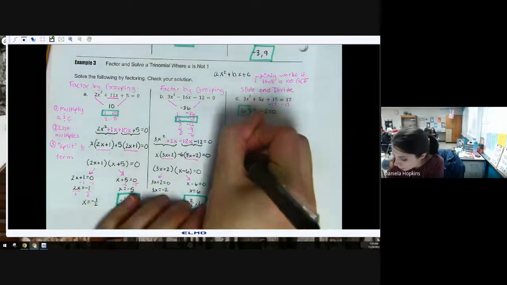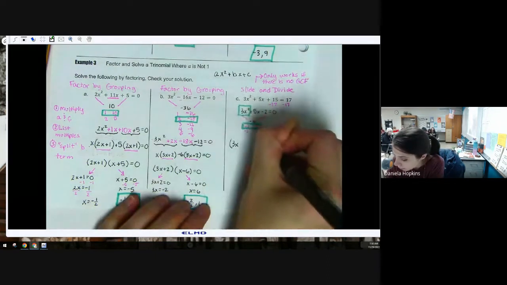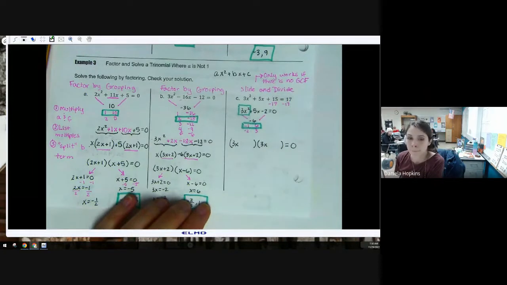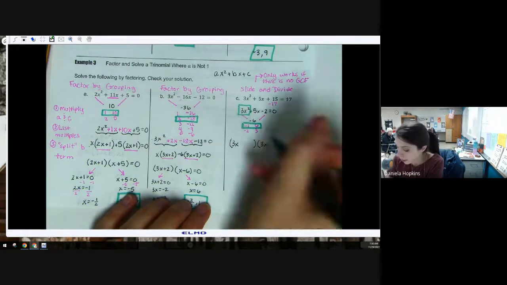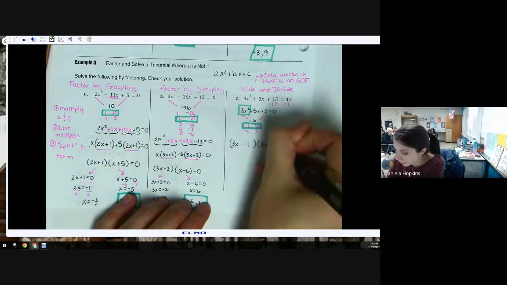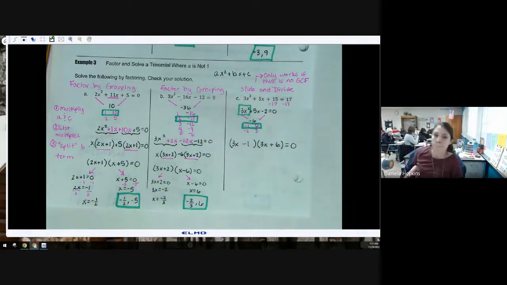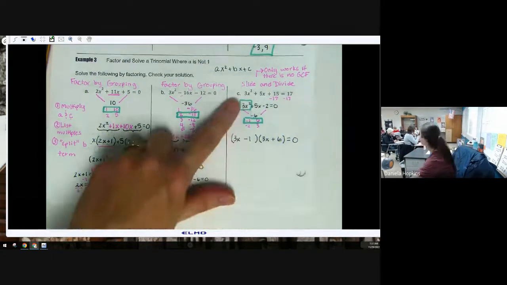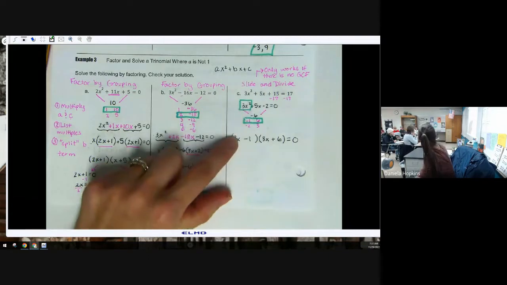So put a 3x and a 3x. And then you take these factors, minus 1 plus 6. This is not mathematically sound because if you multiply this out, you do not get back to the original. That's why I really don't like this method.